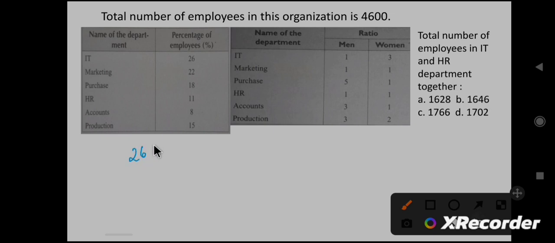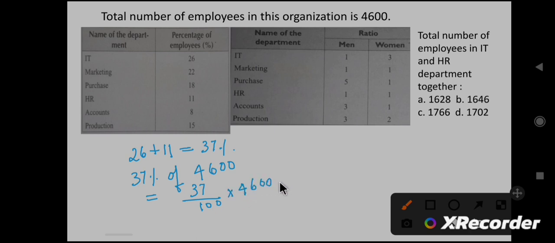So 26 plus 11 is equal to 37%. 37% of 4600 is equal to 37 divided by 100 into 4600. These two zeros and these two zeros cancel, and we are left with 37 into 46, which is 1702. So our right answer is D, 1702.